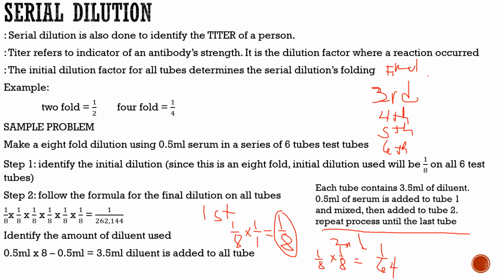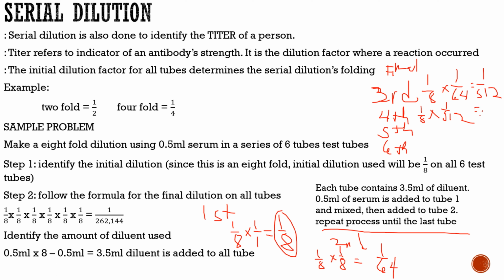So sa third naman class, so 1 is to 8 times 1 is to 64, you get 1 is to 512. So fourth naman, 1 is to 8 times 1 is to 512.